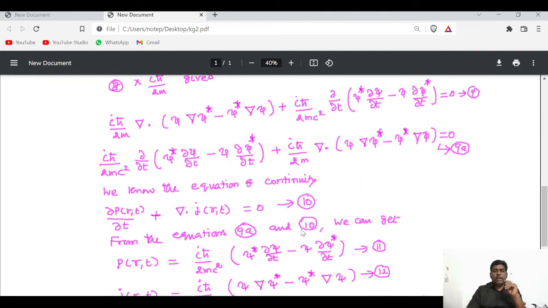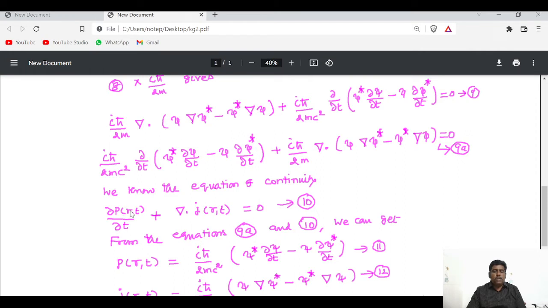We know the continuity equation, dou rho by dou t plus del dot j of r comma t equal to 0. This equation is available in electromagnetic theory also. If you compare equation 9a and 10, see that dou by dou t of certain things. Here dou rho by dou t.